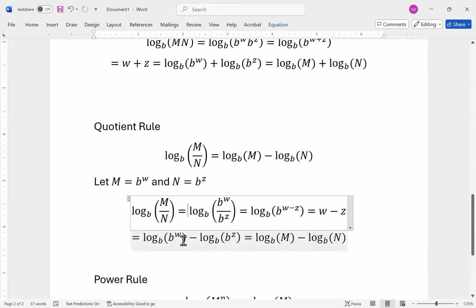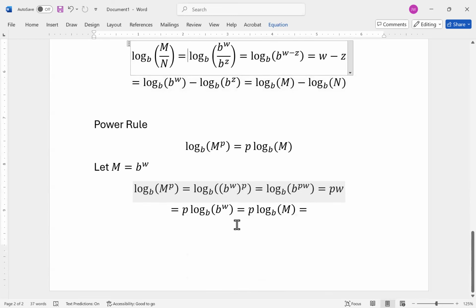Log base b of b to the w is log base b of m. Log base b of b to the z power is log base b of n. And that's how the quotient rule of logarithms works. So log base b of m divided by n has to be log base b of m minus log base b of n.